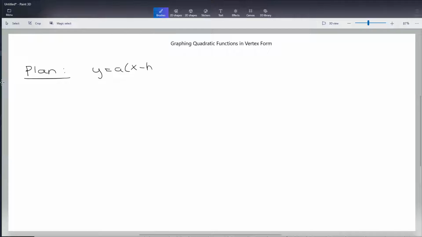The first thing we're going to do is write down the vertex, and plot that point.